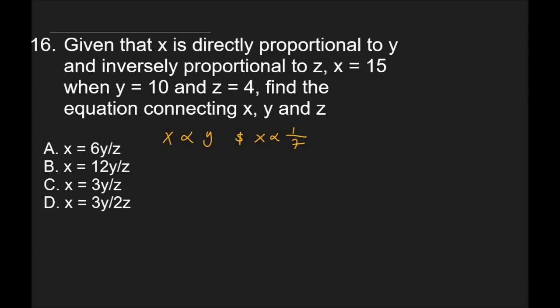Now we can combine these two relations to say x is proportional directly to y and inversely to z, which means that x is equal to a constant times y over z.